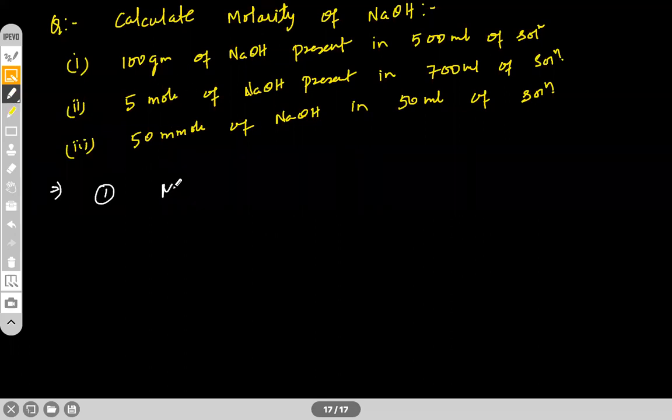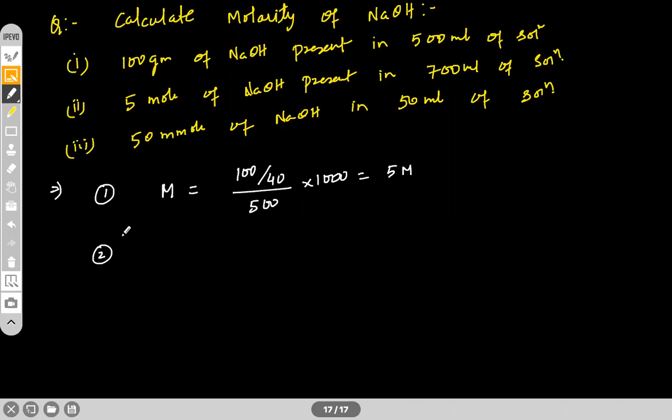Molarity is capital M. 100 divided by molecular mass of NaOH, which is 40, divided by 500 ml, so into 1000. So it is a 5 molar solution, right? Five molar solution.